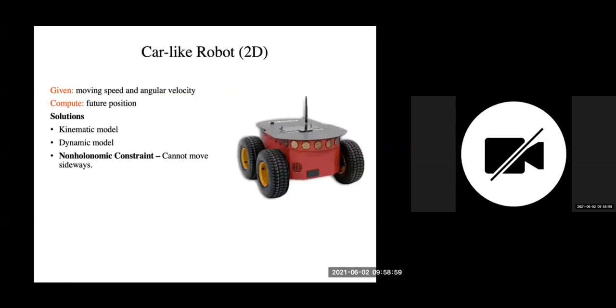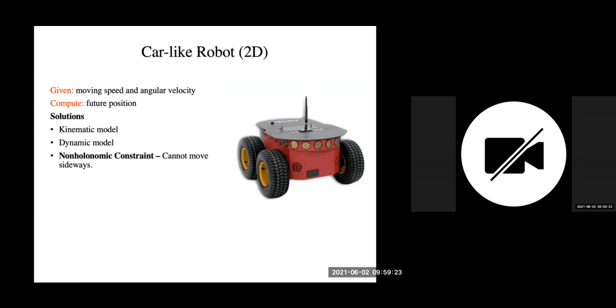The second one is the car-like robot. If you're working with typical mobile robots, even the car we're driving is called a car-like robot. It's like a mobile robot. When you drive a car, you control the speed, the forward speed, and you can also turn.